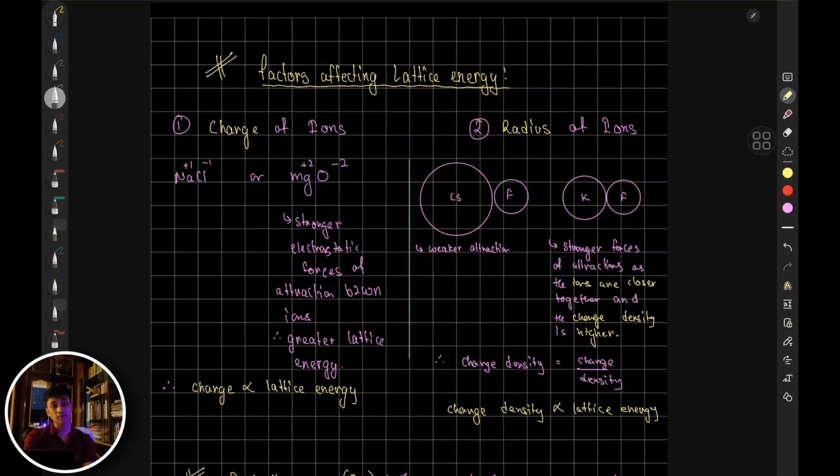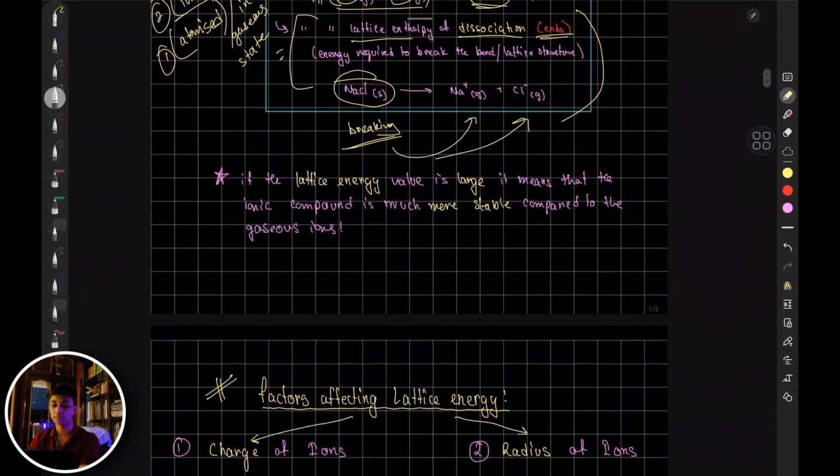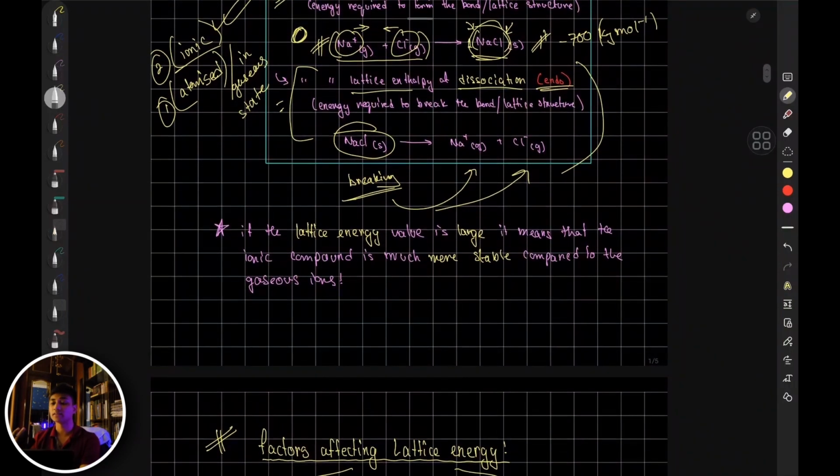Okay, next up we have factors affecting lattice energy. In general, there are two main factors that affect lattice energy. One is the charge of the ions, and the other is the radius of the ions. Remember, I was talking about the attractive forces between potassium and bromide ions, and between sodium and chloride ions.